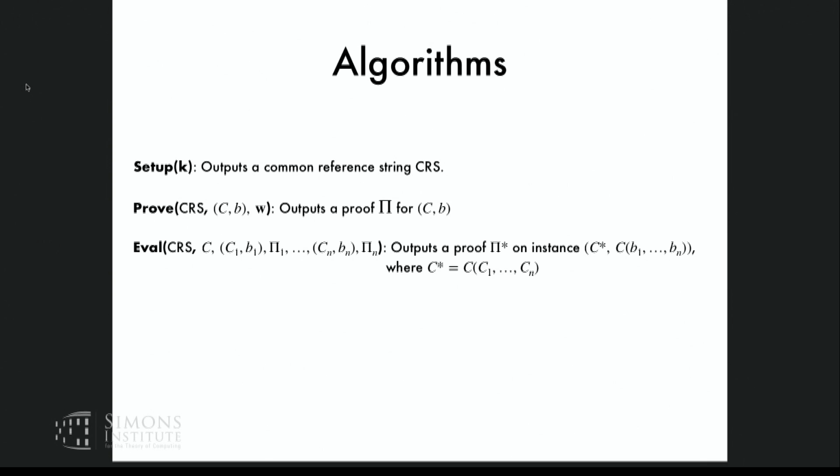In addition, you take as input different proofs on different instances. Then this eval algorithm outputs a proof on the homomorphically evaluated instance. C star is obtained by composing C with the circuits C1 through Cn. And finally, you have the verification algorithm.